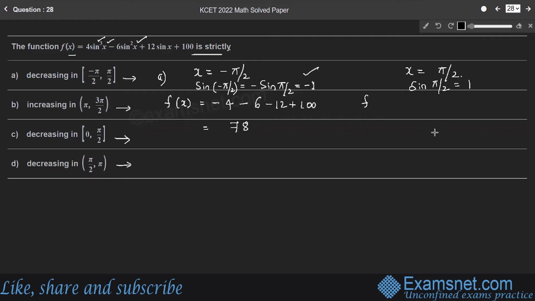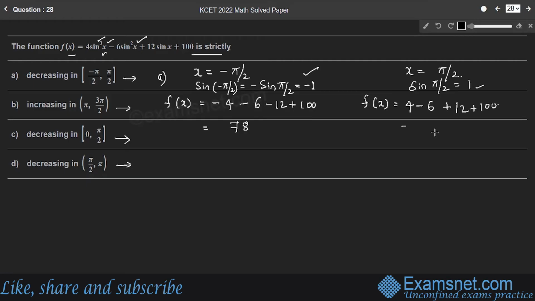So when x is plus pi by 2, f of x becomes, just substitute the value of sine x as 1. So sine cube x becomes 1 into 4 is 4. Minus 6 into sine square x is minus 6. Plus 12 into sine x. Since sine x is a positive value, that is 1, into 12 is 12 plus 100.